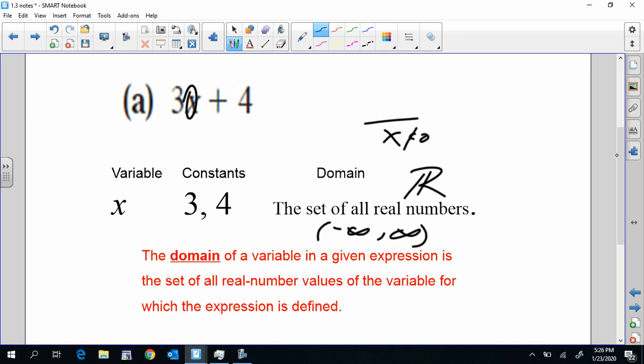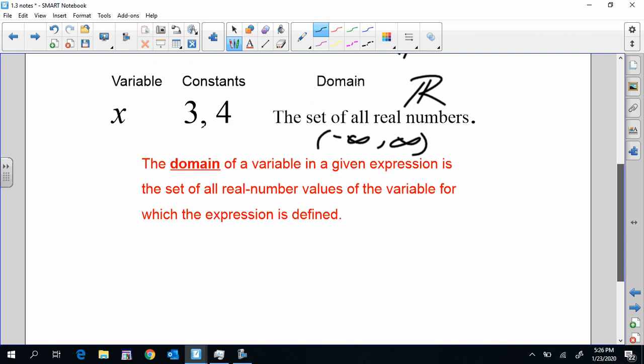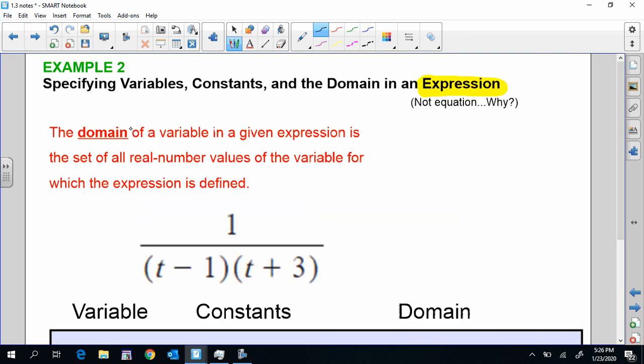Pretty straightforward, right? Well, until we get to something like this expression, which is not linear, it's rational. Remember that root word? Ratio, the comparison of two numerical values, division associated with that.